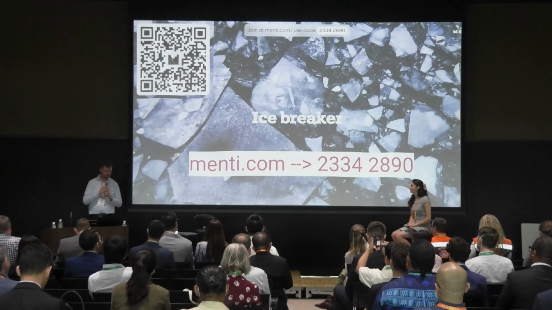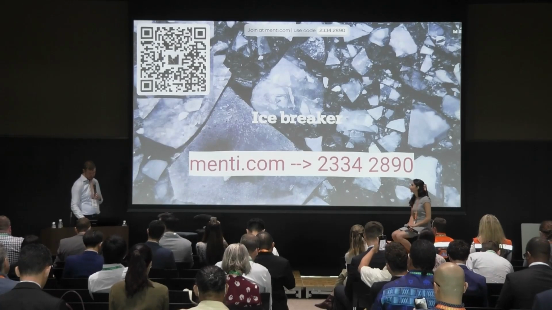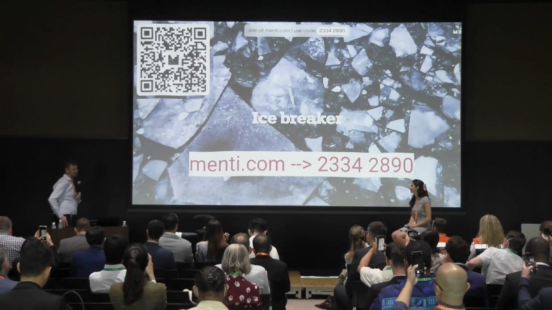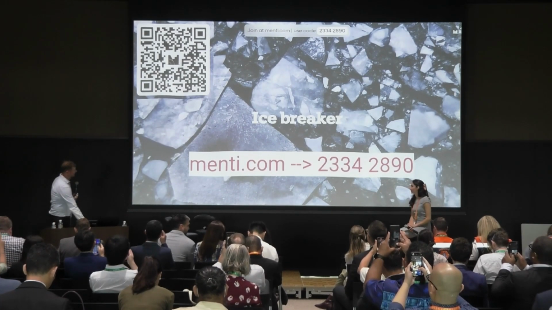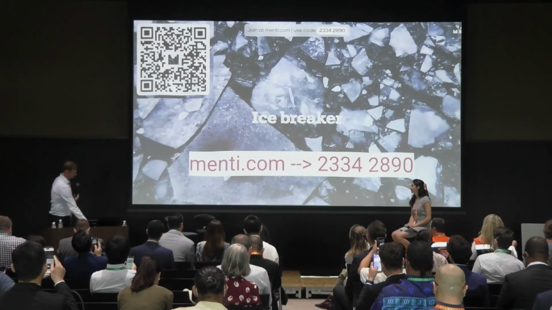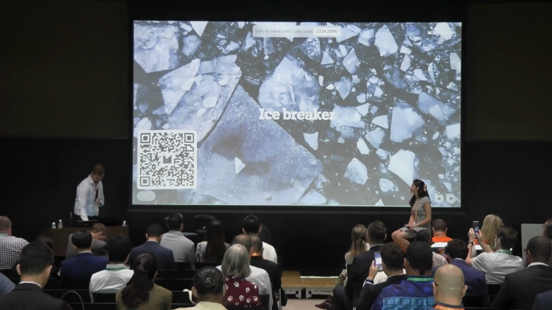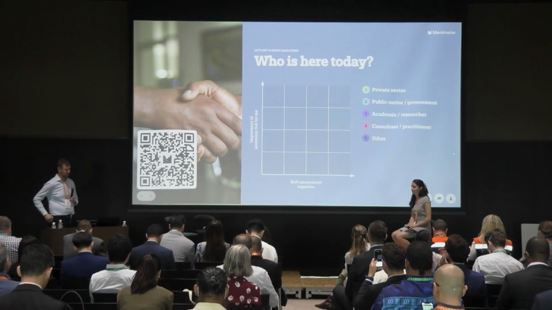So if you can get your phones out and either use the QR code there or get onto Menti. So I'll leave that up for a second. Okay, so let's see if this works. Perfect. So on your screen, you'll see 5 options.